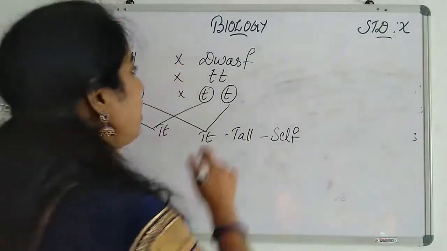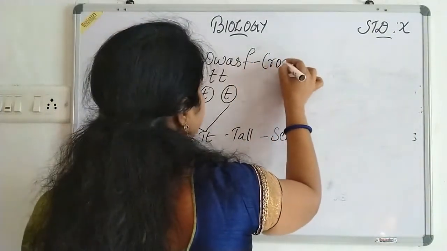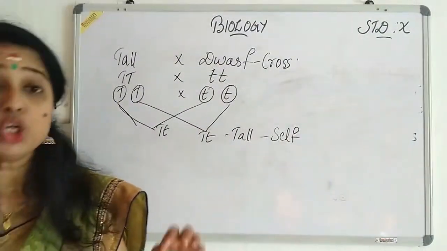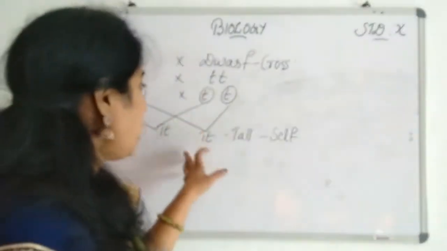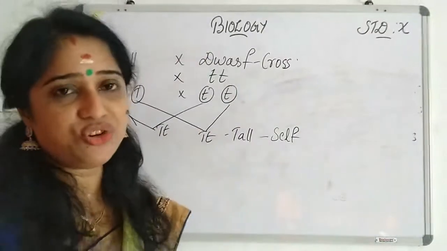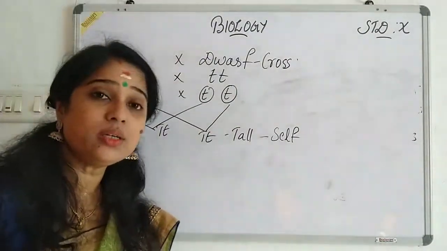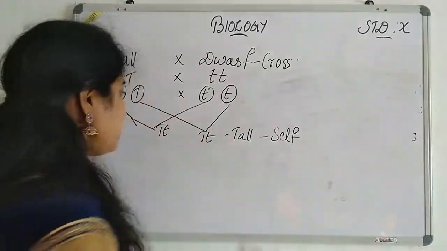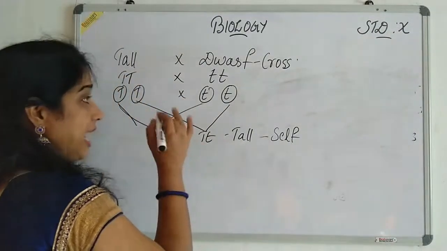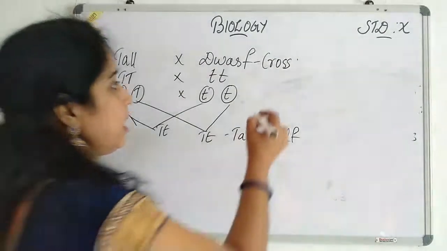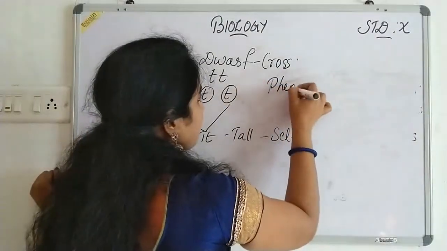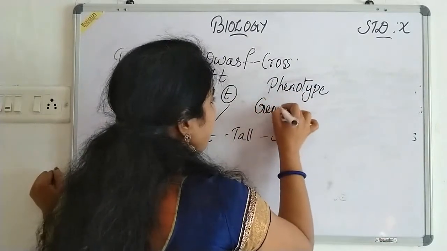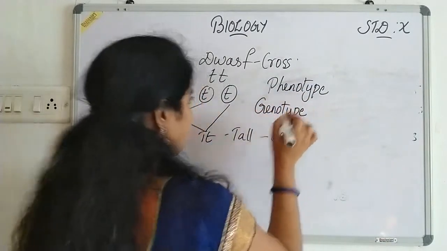Here he did what type of pollination? Cross? No, because two plants are involved in cross-pollination. Here there is only a single parent. In the second generation, he did the experiment with only a single plant. That is, this plant's genotype is what? The expressive character is known as the phenotype, and the genetical makeup is known as the genotype.